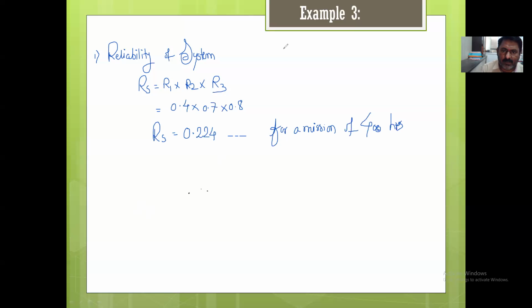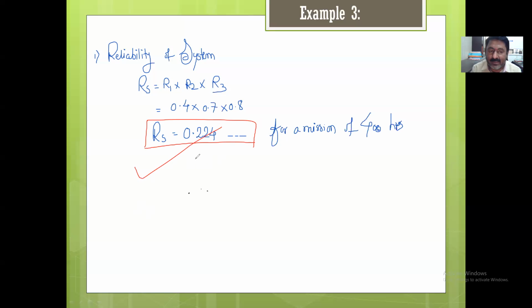Any doubt up to this? No doubt. Okay, so we have to keep this reliability in mind. We have to compare the other reliabilities with the system reliability of 0.224.